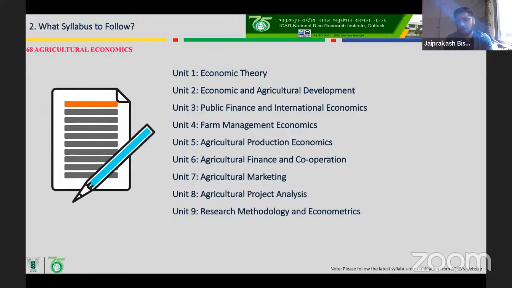In due course of this session, I will share which reference books you should follow to get the subject knowledge on these topics. But I will always suggest that aspirants follow the latest syllabus of the examination.